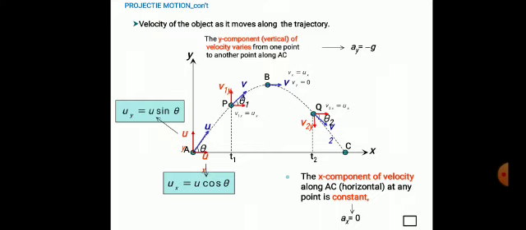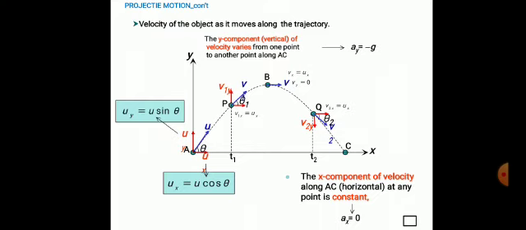And think about the velocities along the x component. At point A, the velocity along the x component is written as ux, pointing to the right. At point P, v1x is the same length as ux.